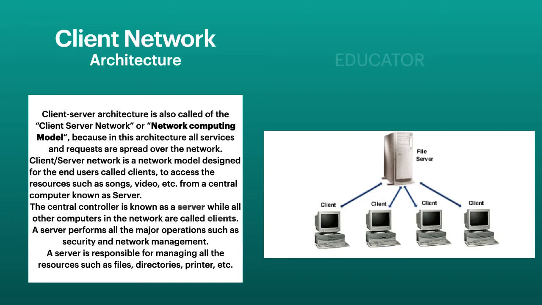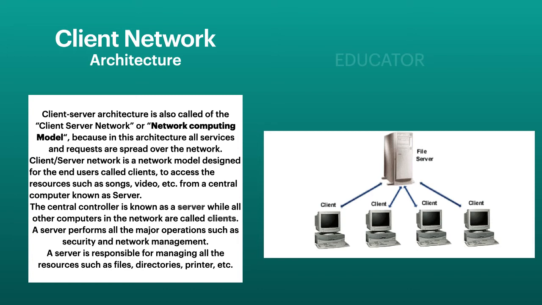Multiple clients means users, as you are the user. If you want to get something from the server side, like video downloading, mp3 downloading, or registering on some website, these are all programs from the client side.